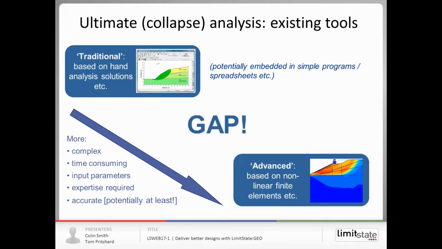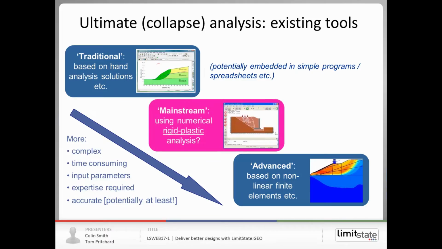And there's a gap between these two ends of the scale, and we feel filling the gap is computational limit analysis. This provides the geometry and flexibility of the finite element method with the ease of use and simplicity of traditional methods. The only parameters you need are cohesion, friction angle, and unit weight, essentially.